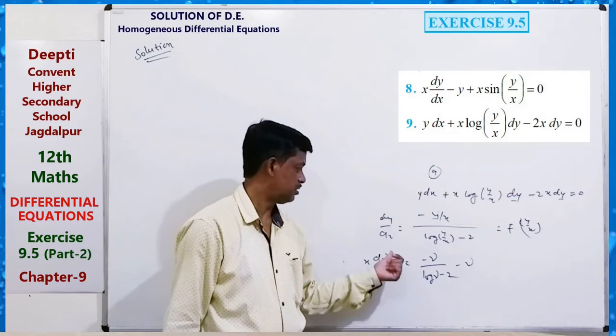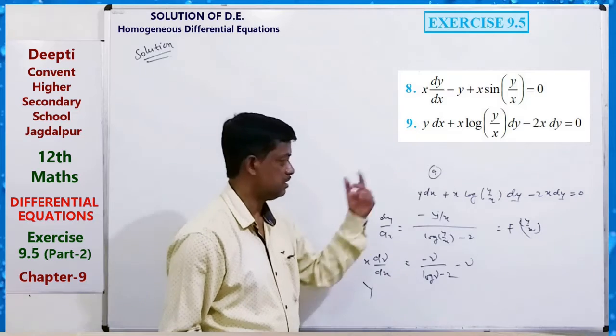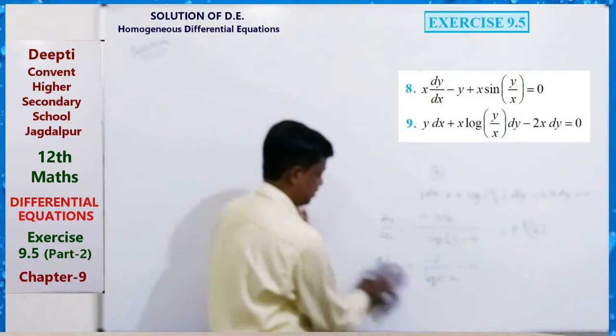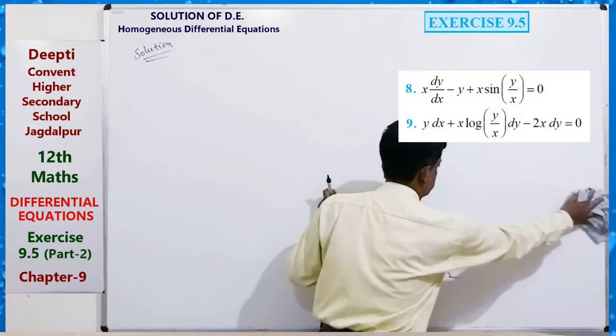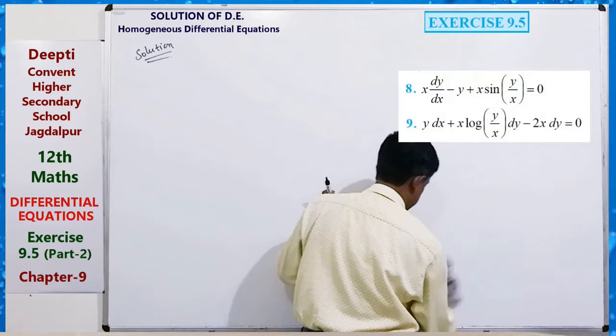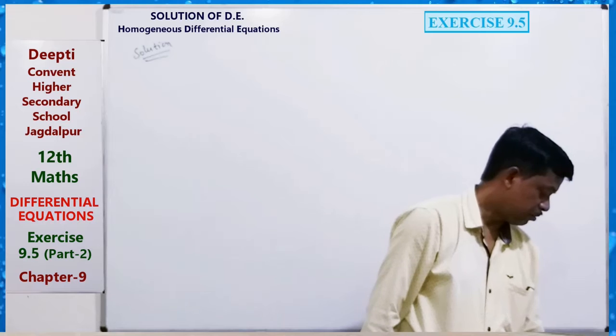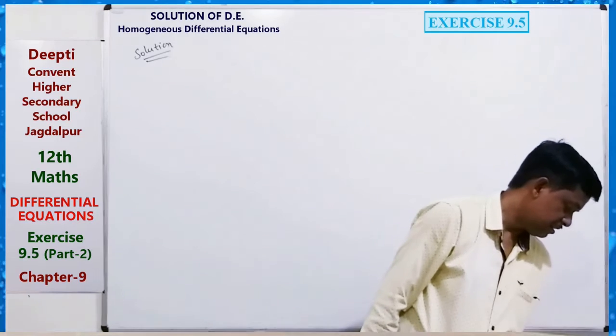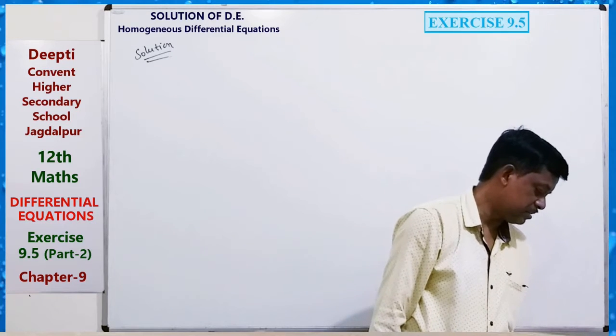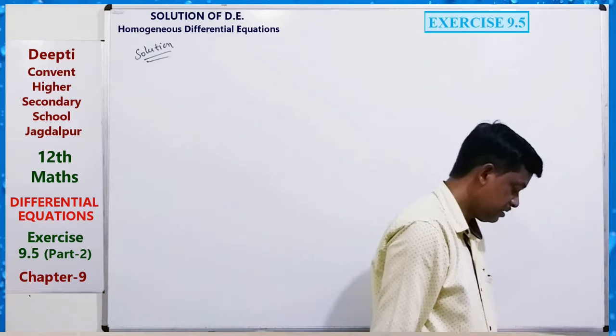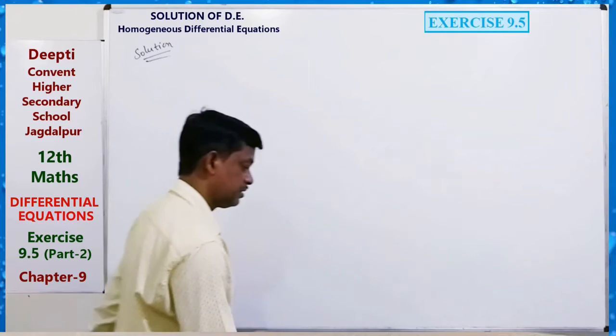Solve it and put the value of v. So 9 is also a homogeneous equation, and you can solve it. Here 10 is also (1 plus e to the x by y) upon (1 minus e to the x by y). Take question 10.